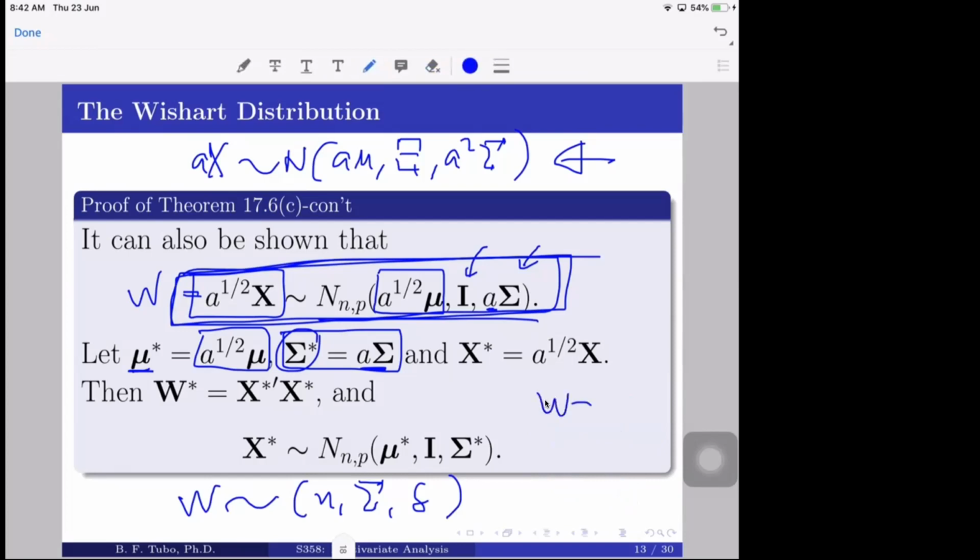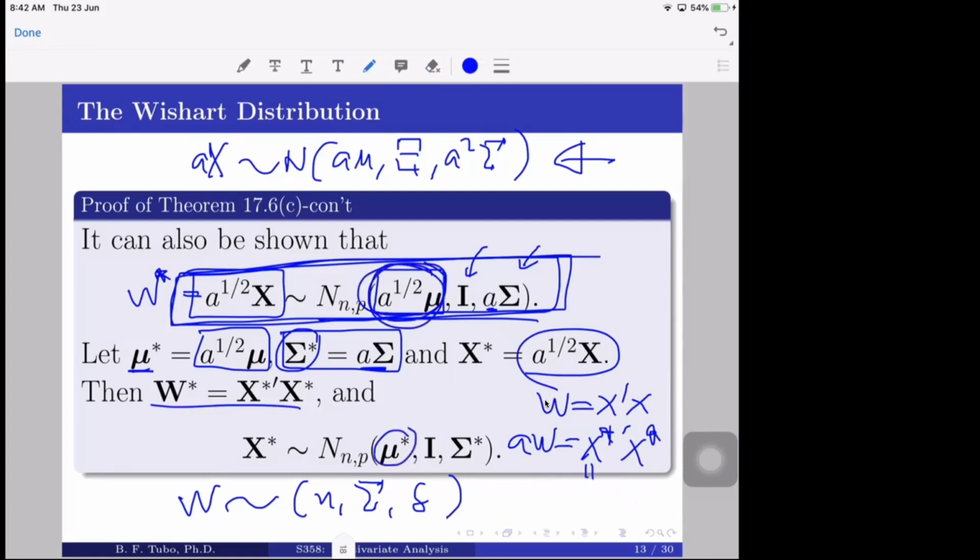So ang W nato generic is x prime x, pero AW man ta, so dapat nangita tag x star prime x star, no? But ang atong x star now will be a to the 1/2 x. So this will become a W star, which is x star prime x star. And x star is normally distributed with mean mu star, I, and sigma star.